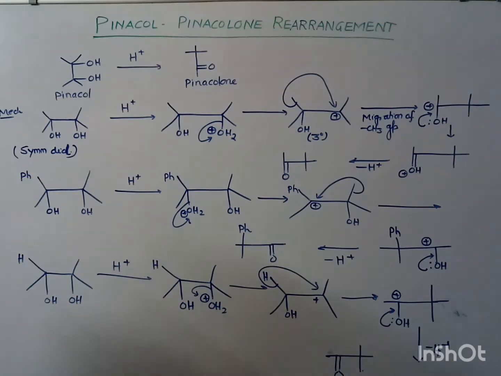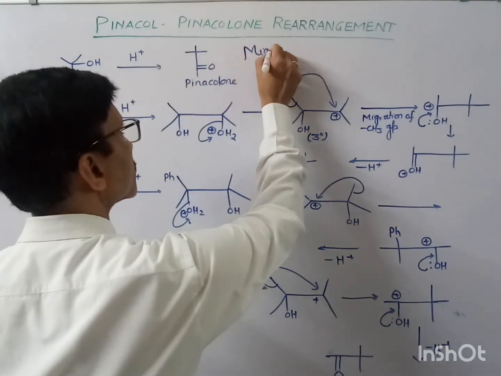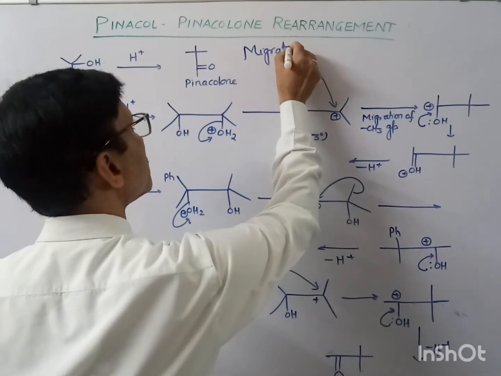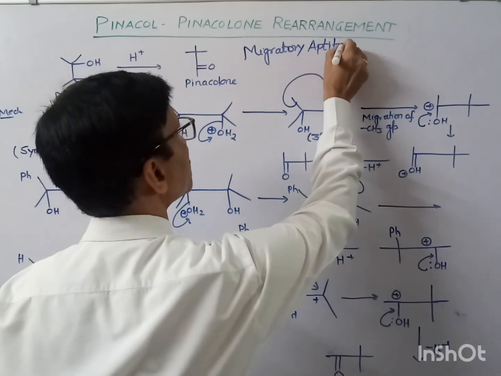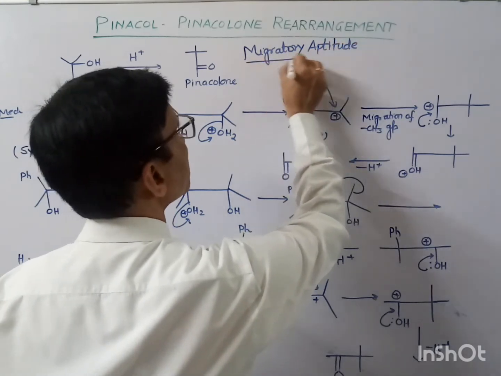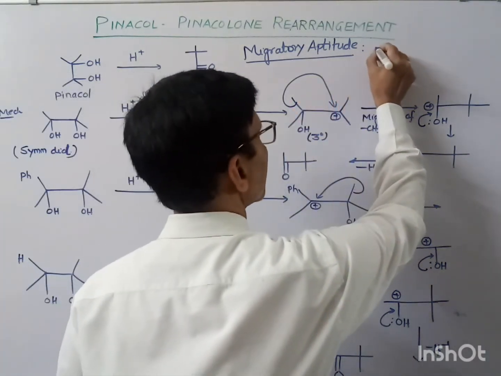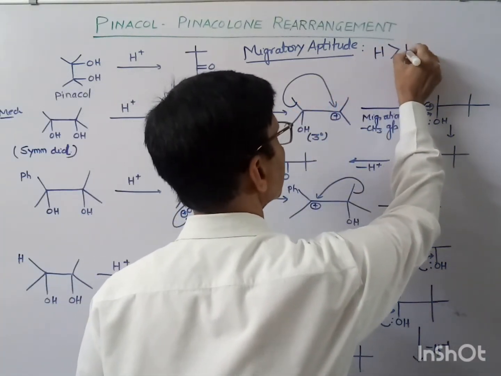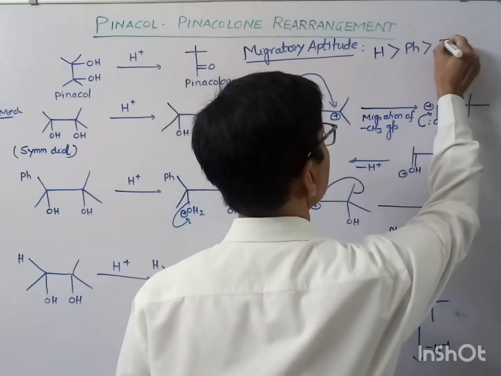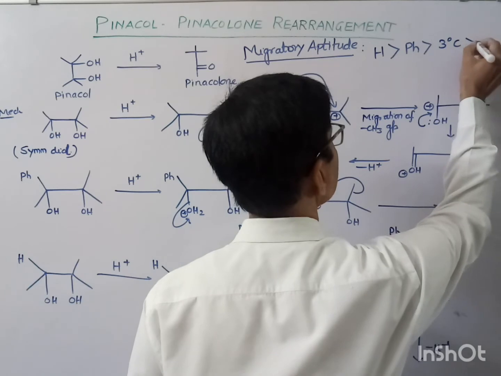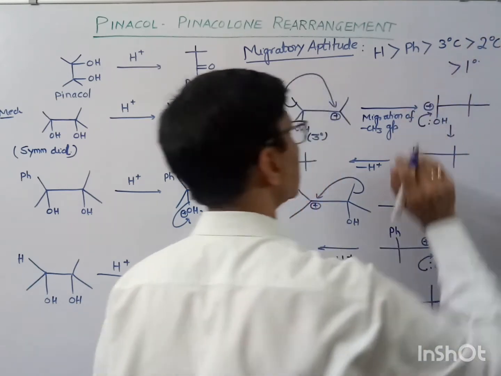So we should follow the migratory aptitude order. If you see the migratory aptitude, the hydrogen migrates first, and then the phenyl group, and then we have the tertiary carbon, and then the secondary carbon, and then the primary carbon, like this.